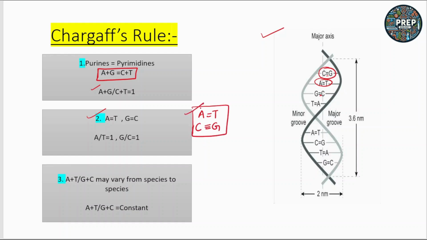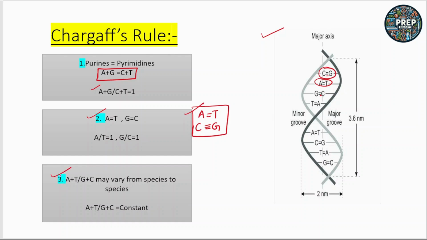This is very important. So the second Chargaff rule is that the number of adenines is equal to the number of thymines and the number of guanines is equal to the number of cytosines. So we can say that A by T, adenine by thymine, is equal to 1, and G by C, guanine by cytosine, is equal to 1.